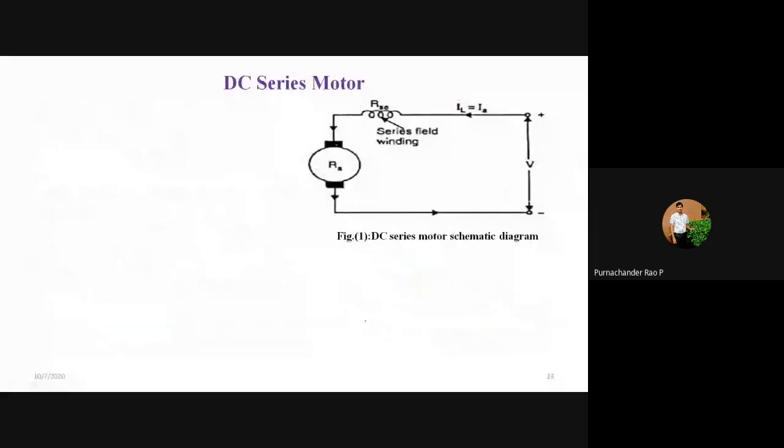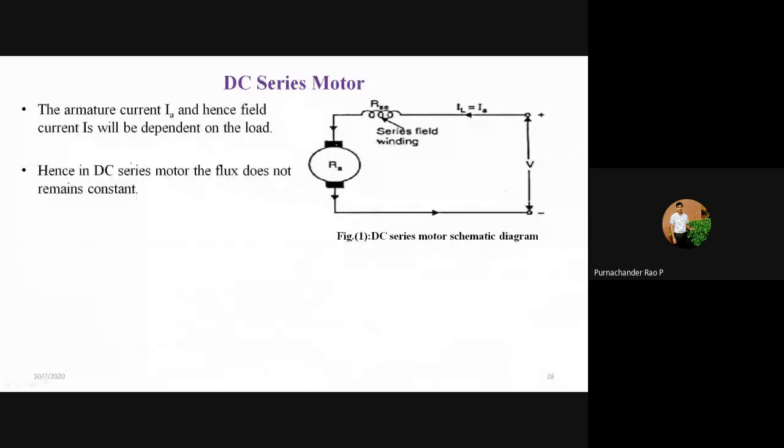It varies with respect to the load current. The armature current and hence the field current ISE will depend on the load. So in DC series motors, the flux does not remain constant. It varies with respect to the load.